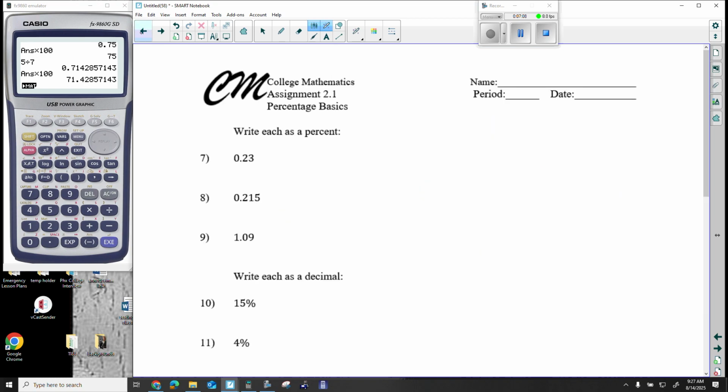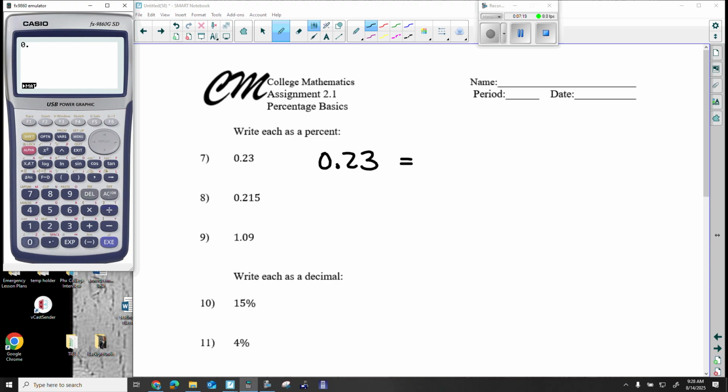So again, let's take a look at this. So 0.23 multiply by 100, and that is going to be 23. So as in, this is 23%.